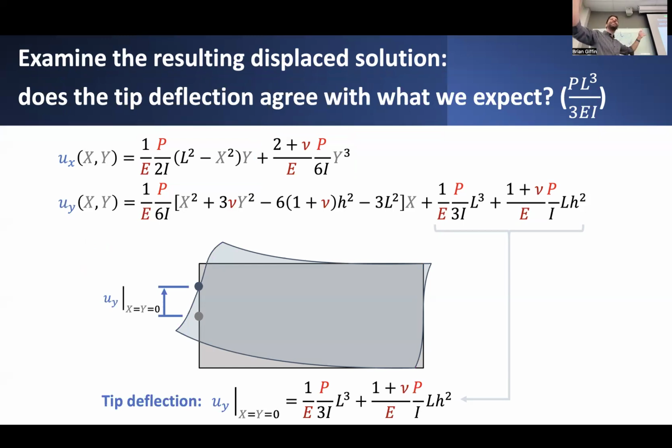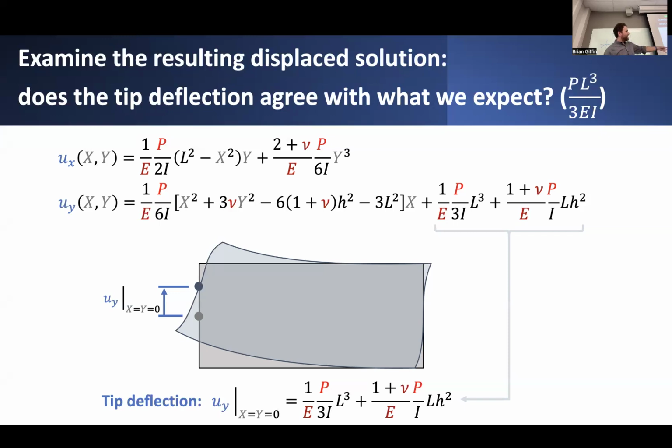Who can recite from memory the tip deflection of a cantilever beam subject to some kind of point load at the end? I think I'm hearing murmurs of it. From what I can recall, it's something like PL cubed over 3EI. I guess it depends on which orientation you have it at. But PL cubed over 3EI gives you basically the tip deflection of some cantilever beam subjected to an end load.